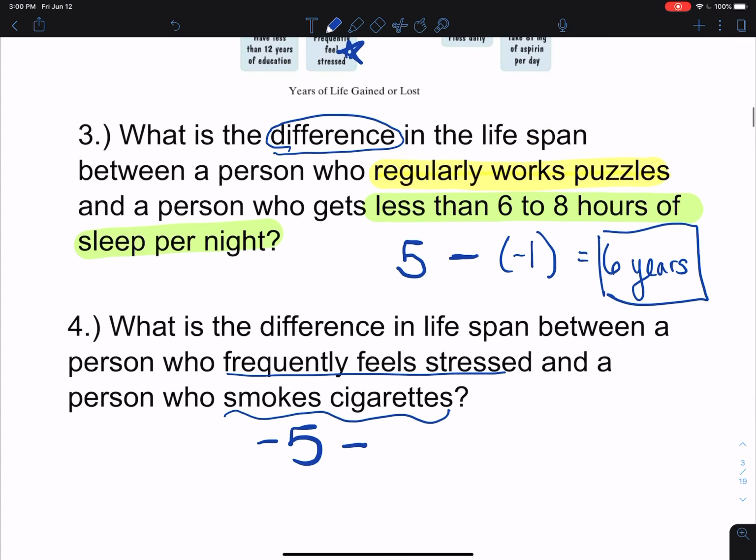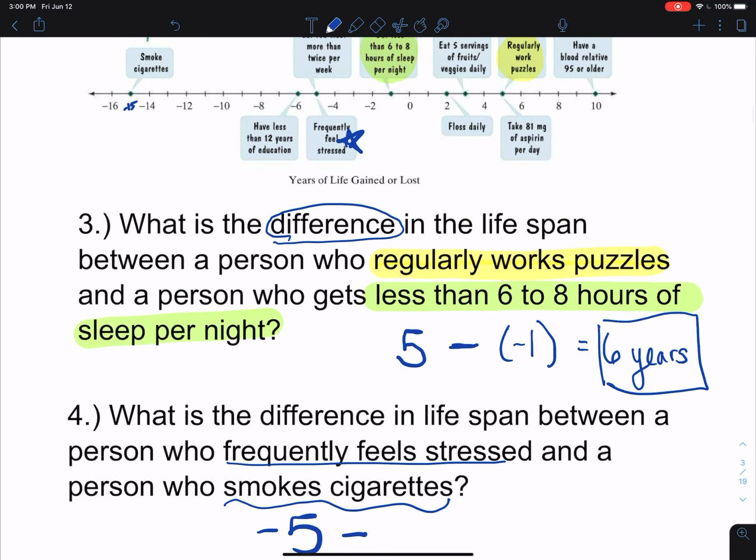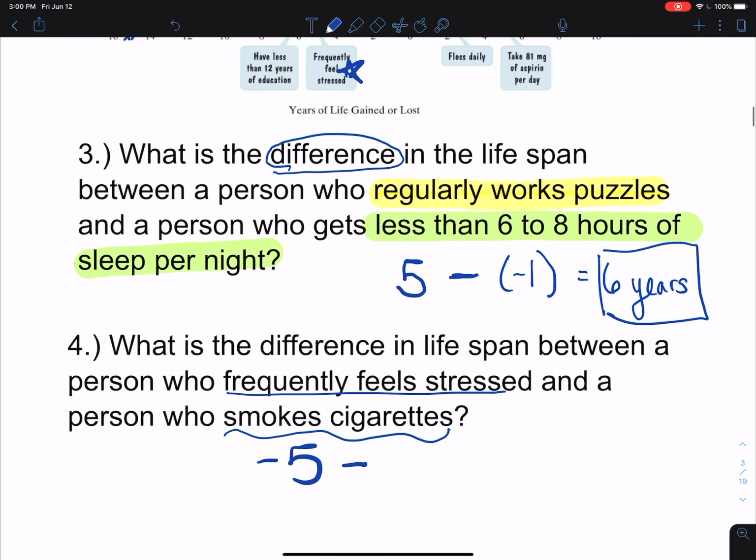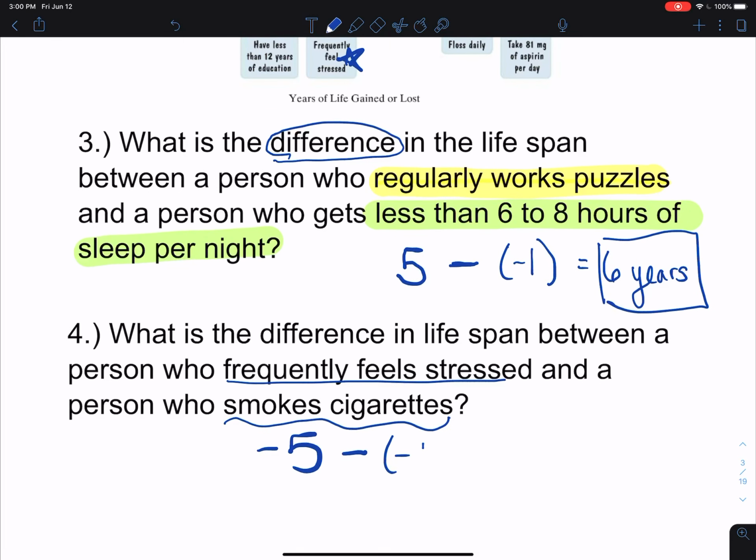And now I need to look for a person who smokes cigarettes, which was down here at negative 15. So I'm doing negative 5 minus negative 15. That gives me positive 10 years. So someone who frequently feels stressed can expect to live 10 years longer than someone who smokes cigarettes.